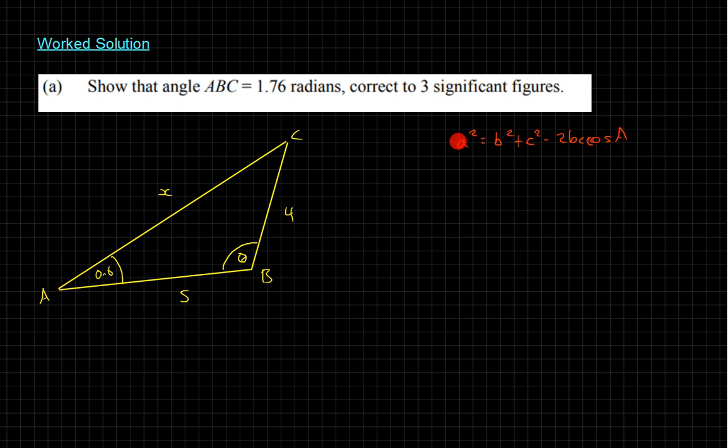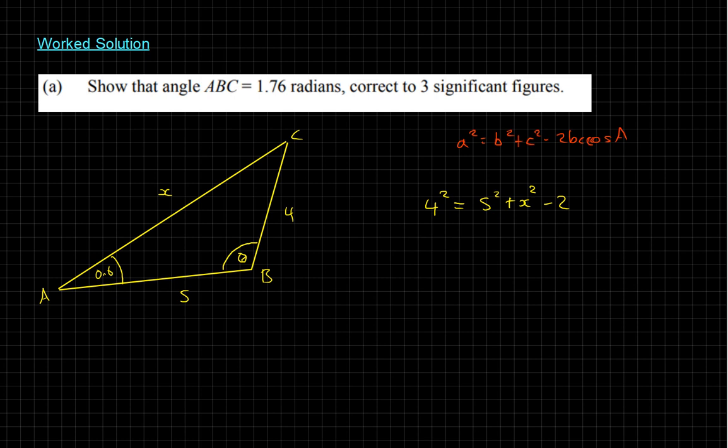So in this case that a side must be the 4 because the only angle I know is 0.6. Remember that's 0.6 radians. So we're going to have 4 squared is equal to the other two sides squared, which is 5 and x.